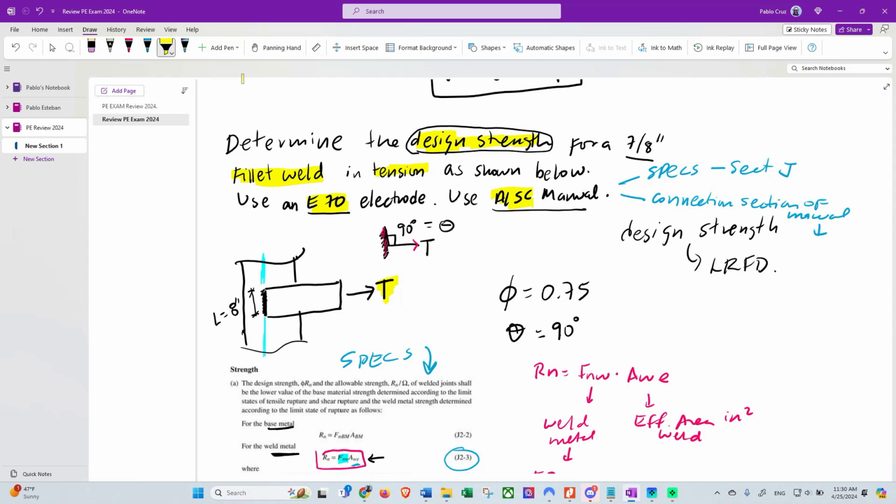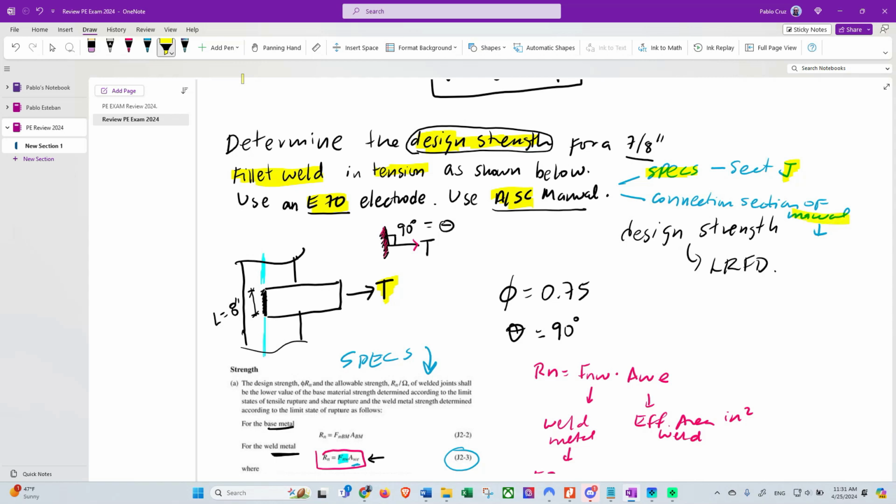AISC manual. So we have two sections in the AISC manual that can be considered very useful to calculate the design strength of a welding connection. We have the specification, the specs. The specifications are in section J of the manual, and then we have a section, not the specs, but the section that is related to connection design, which is in the manual too.